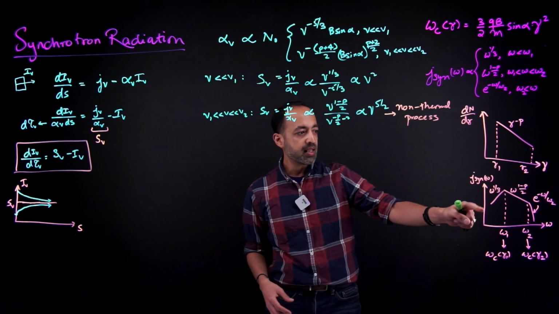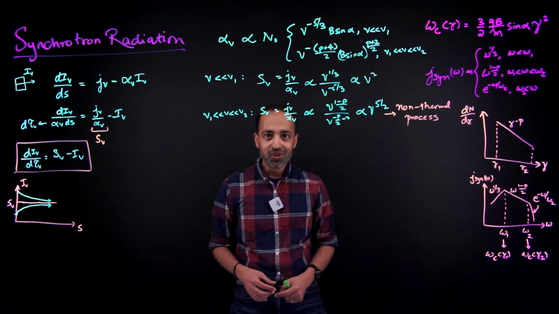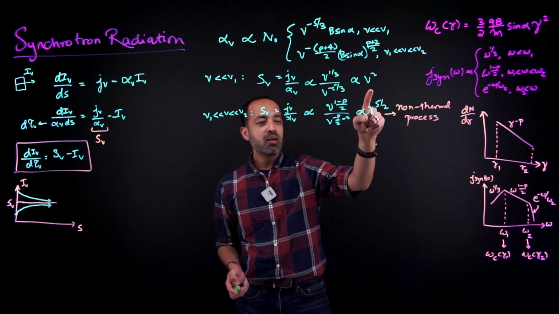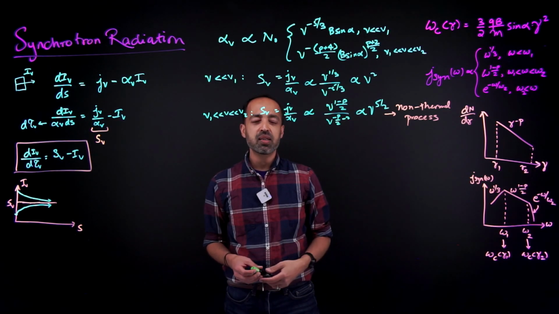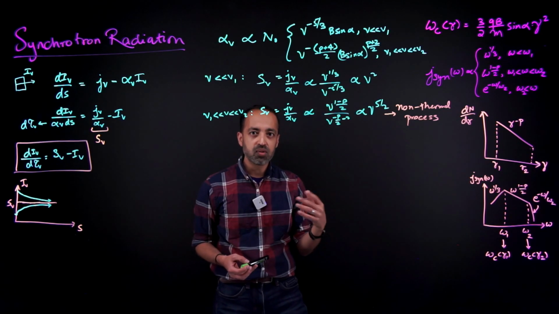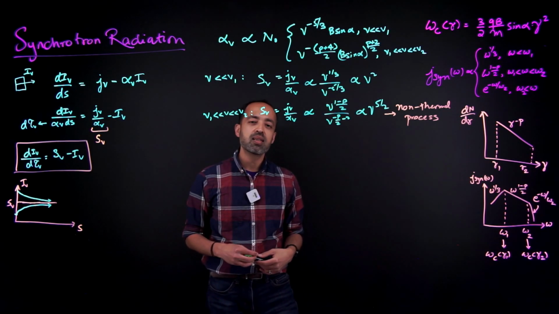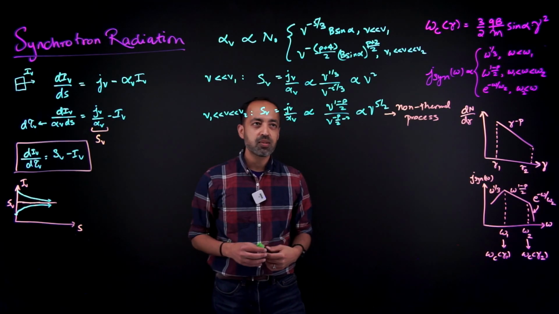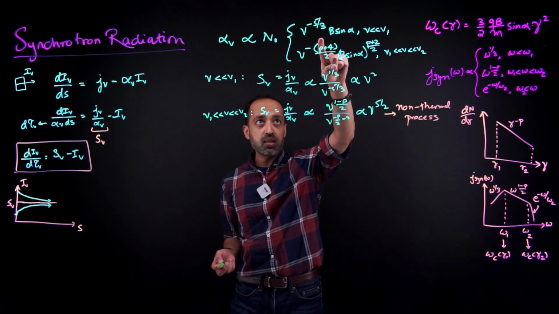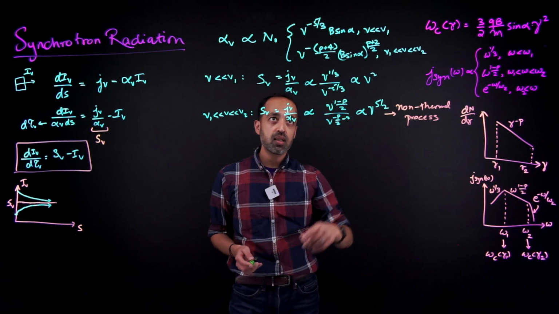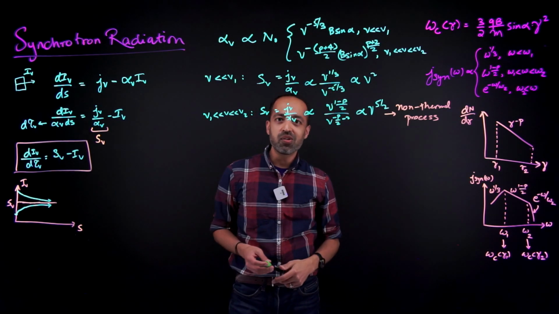So what this means is that this spectrum isn't the full story, because at some frequency the system becomes opaque, it becomes optically thick, it starts absorbing its own radiation, and at that frequency the spectrum changes. And you can see this from here, that as you go to lower frequencies, this absorption coefficient increases, right? So there are negative powers here in both cases.